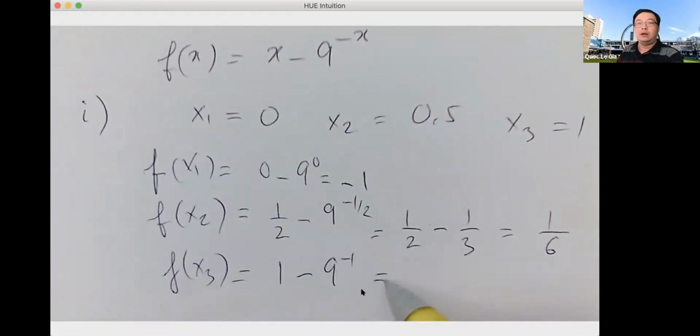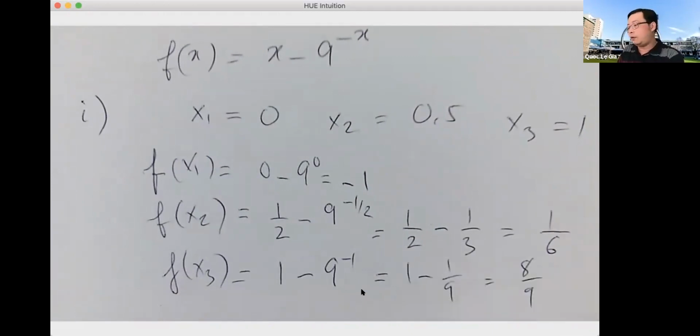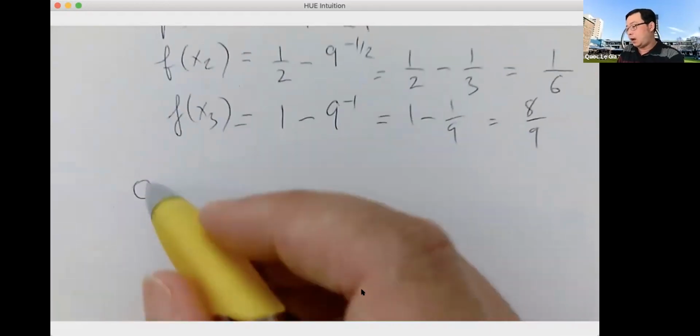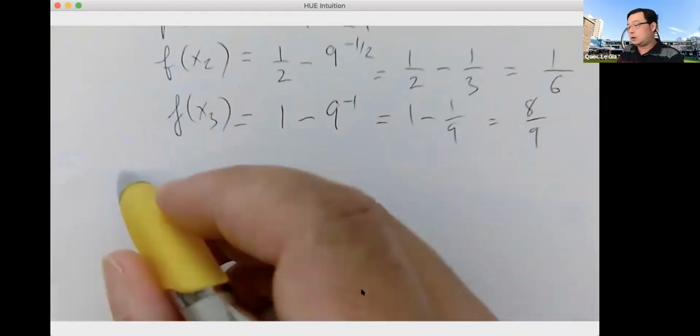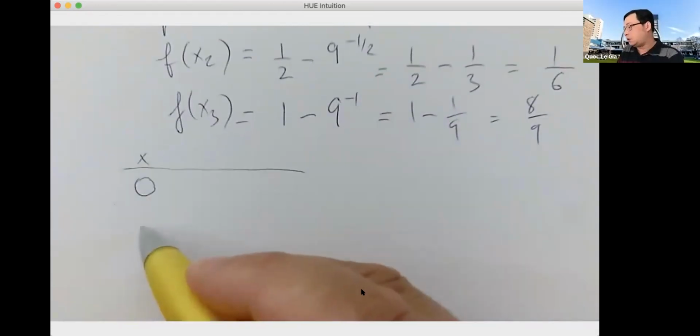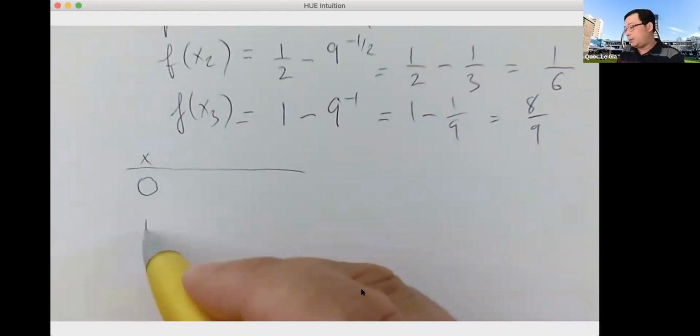Okay. And so now you make a divided difference table. If you remember Newton form, you have to make a divided difference table. So this is x: 0, 1/2, and 1, and the y is minus 1, 1/6, 8/9. And then you compute this entry.